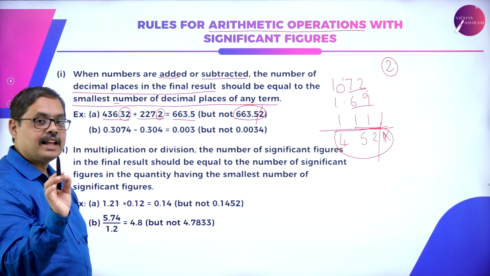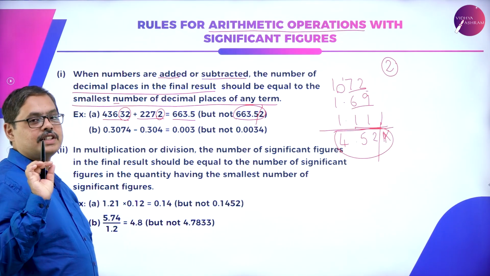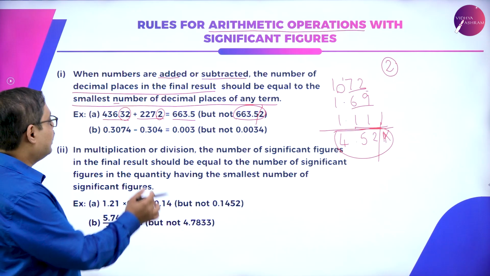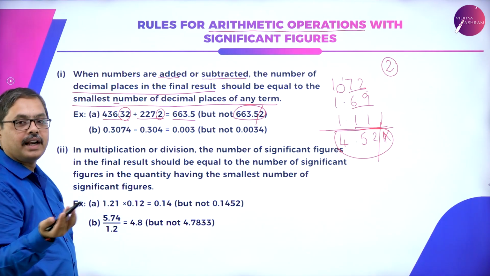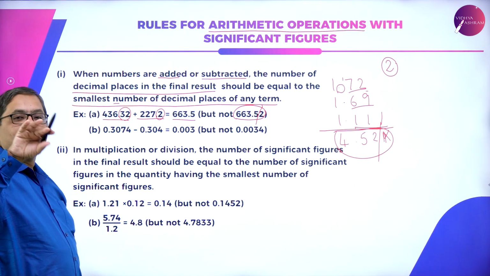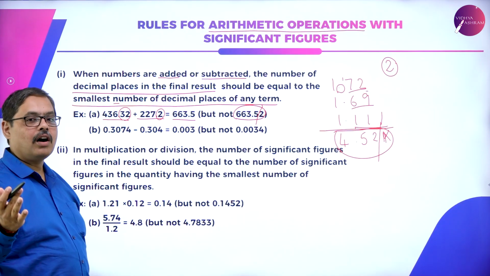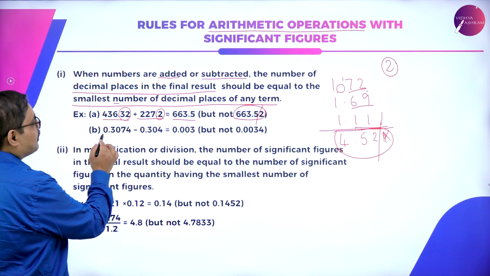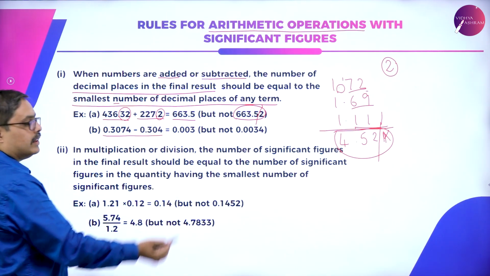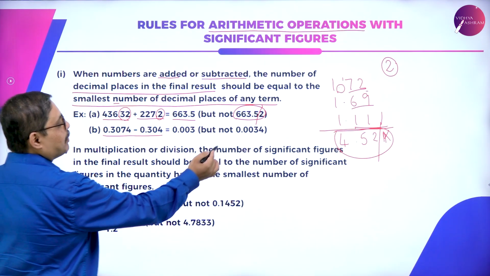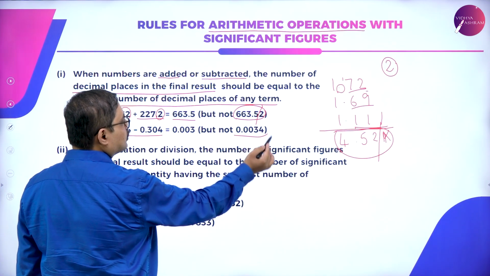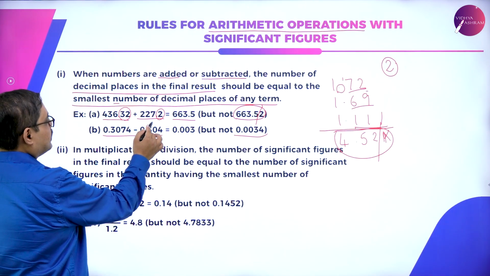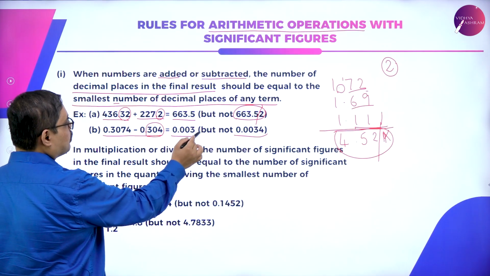I have to consider the minimum number of digits after the decimal point in the terms that I am operating on. Operating means I am either adding, subtracting, multiplying or dividing. Similarly, in this equation, ideally my answer was 0.0034, but because I have only 3 decimal places, I am writing it as 0.003.